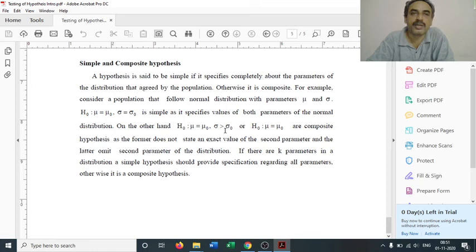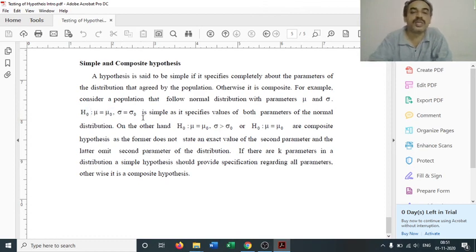If any parameter value is missing, then that will be a composite hypothesis. Even if a range of the parameter is given, it is also considered a composite hypothesis. Like H0: mu equal to mu 0 and sigma greater than sigma 0 is a composite hypothesis. It would be simple only if H0: mu equal to mu 0 and sigma equal to sigma 0.